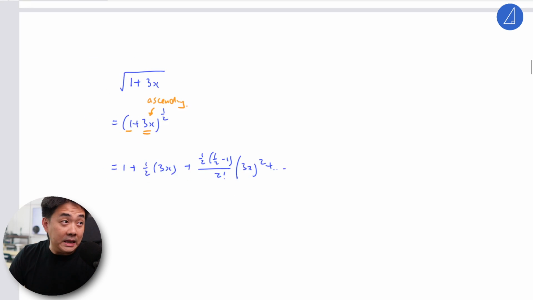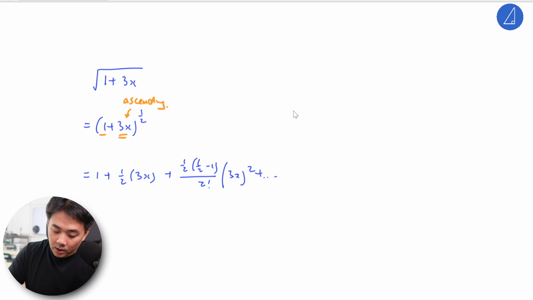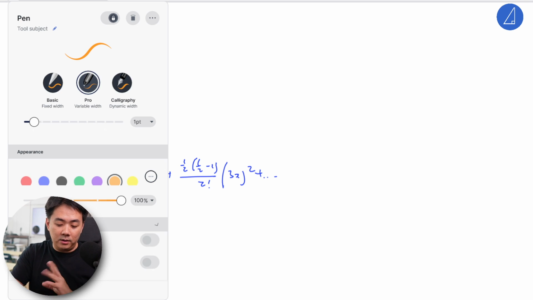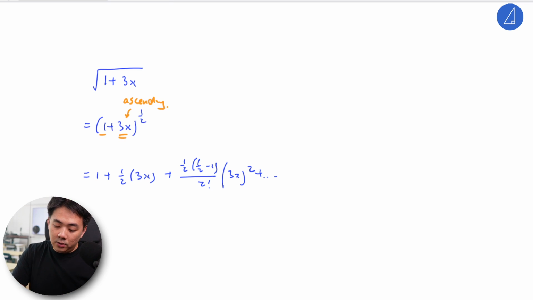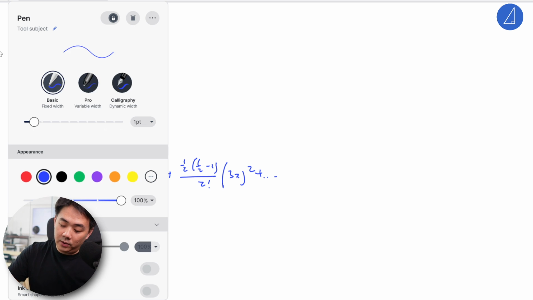If you want this to be descending, remember it's very binary. You have one ascending and one descending. So instead of making the 1 the leading term, you make the 3x the leading term. You just factorize the 3x out.